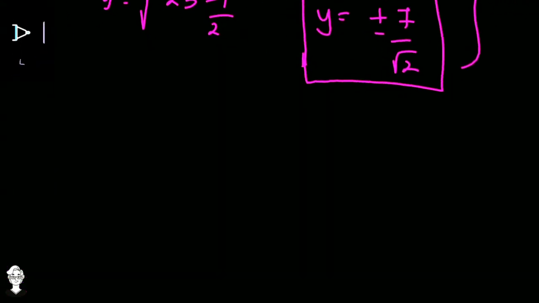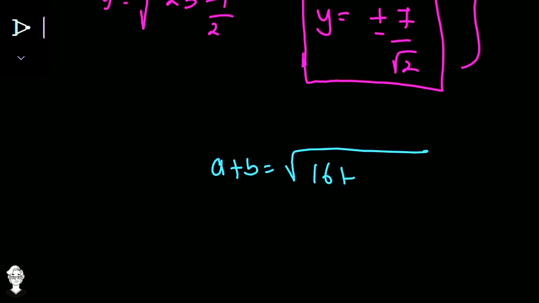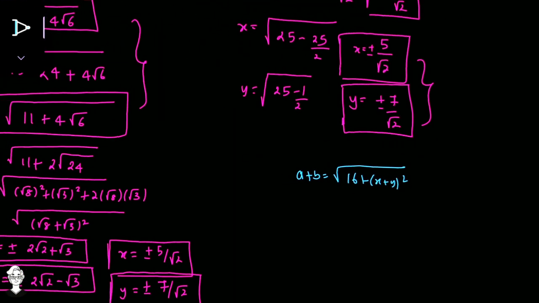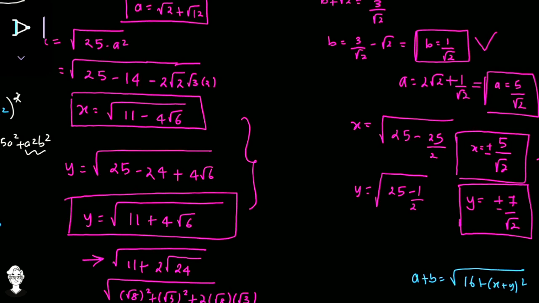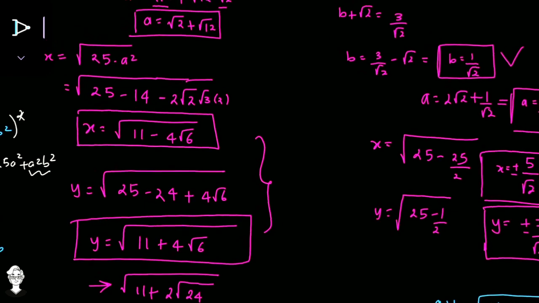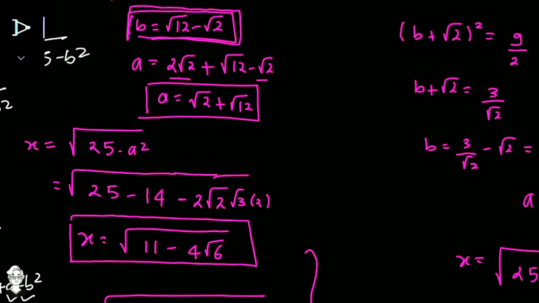It's like a plus b is equal to square root of 16 plus x plus y the whole square. Remember, I have considered a plus b in the beginning. The value of a was, for the first one I am solving, 2 times square root of 2 plus square root of 12, and b was square root of 12 minus square root of 2.